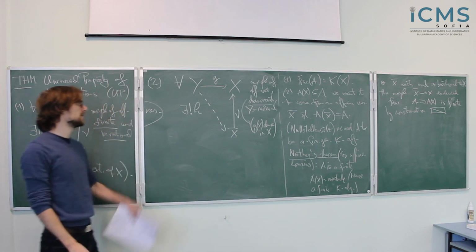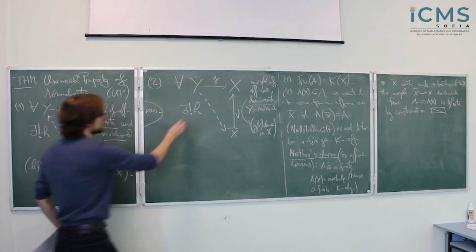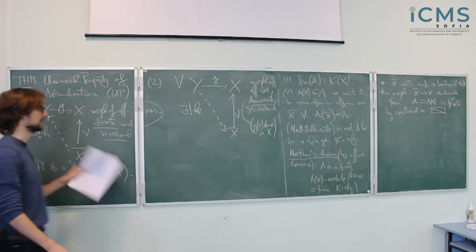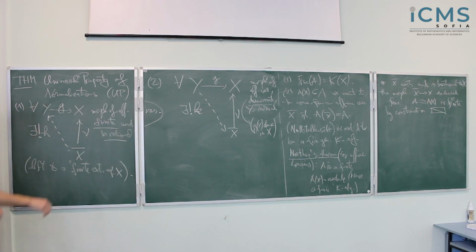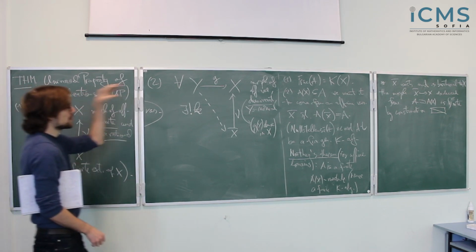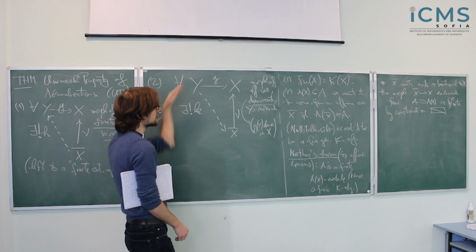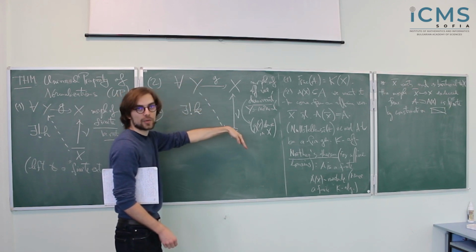So we actually have the other way around. Okay, let's write it k because we have an h here and k. So any normal morphism that dominates x actually factors through its normalization.